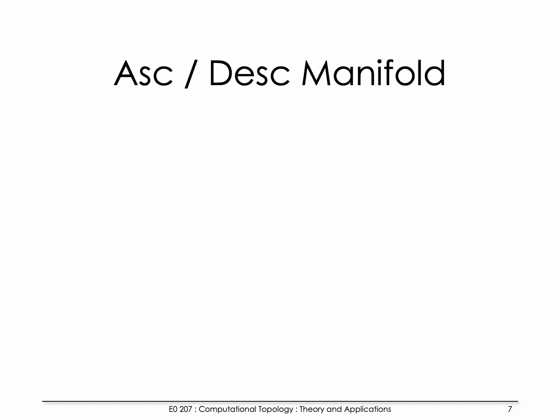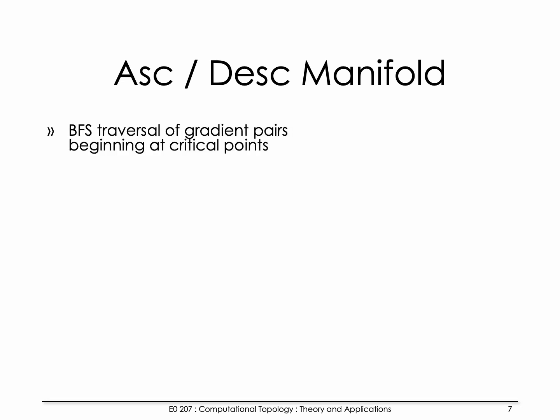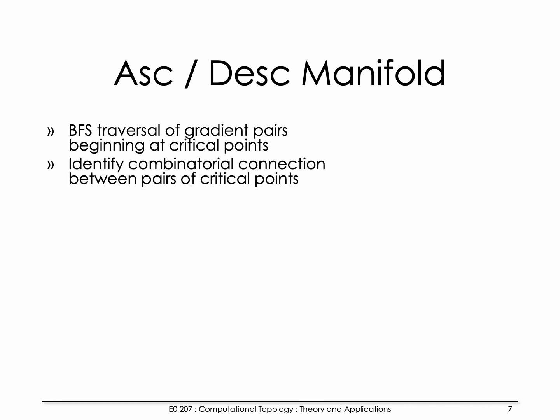Once we have the gradient pairing, computing the ascending and descending manifolds is essentially a breadth first search traversal that begins at all critical points. So the breadth first search traversal traverses through the gradient pairs, and as it traverses through the gradient pairs, it identifies the connecting critical points.